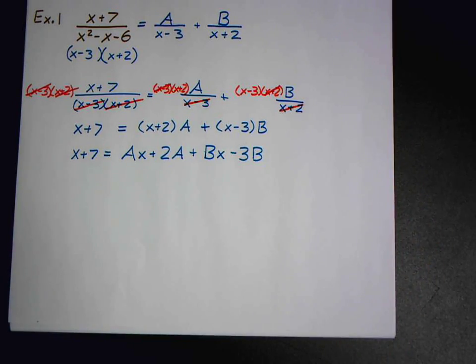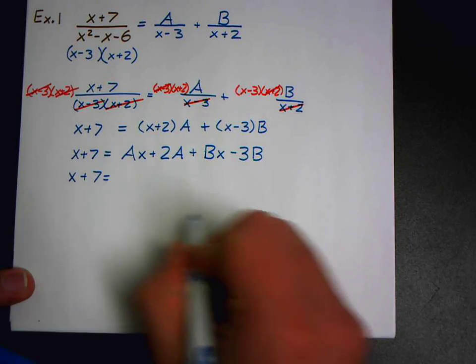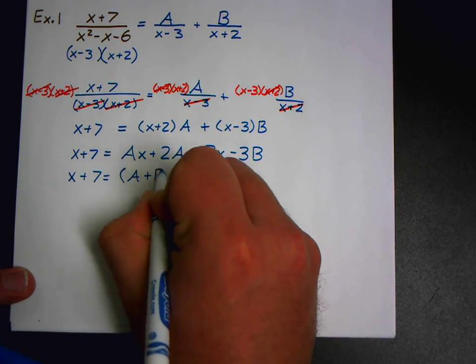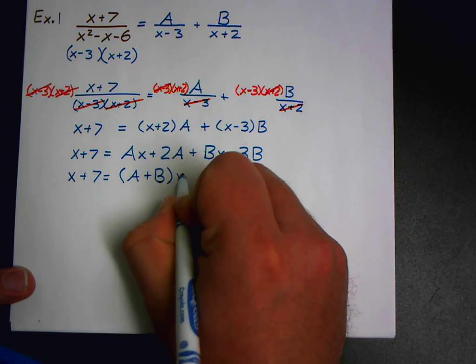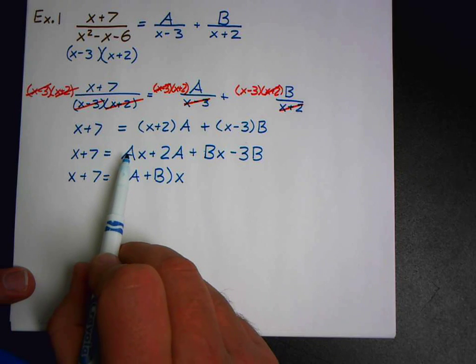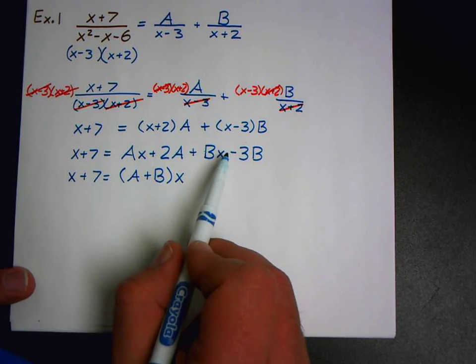Okay, what I want to do is on the right-hand side, I want to group like terms based on the x's. So if I knew what A and B were, let's say A was 2 and B was 5, I would have 7x, right?